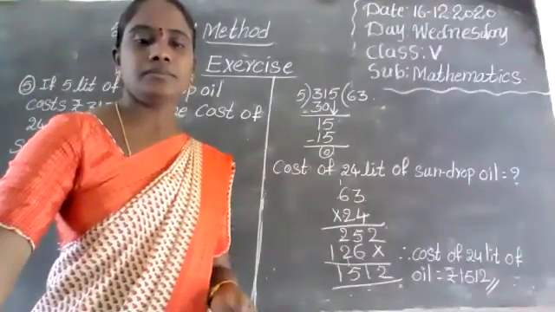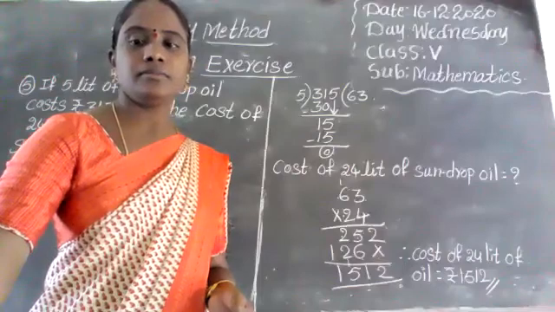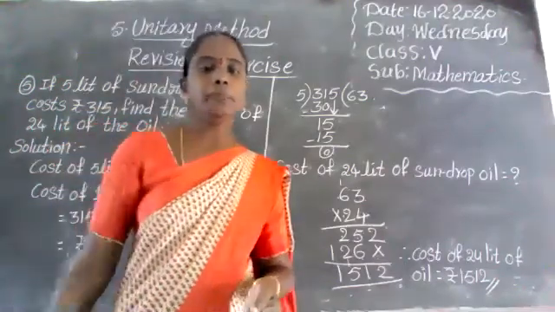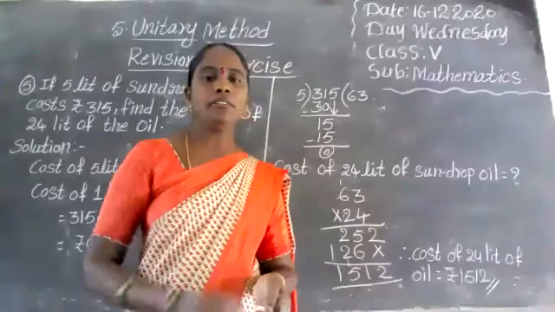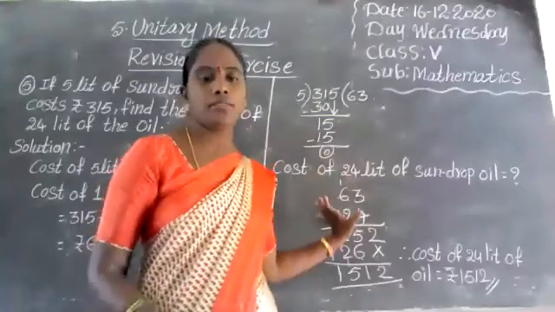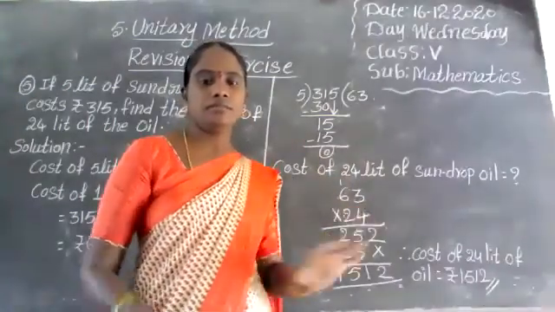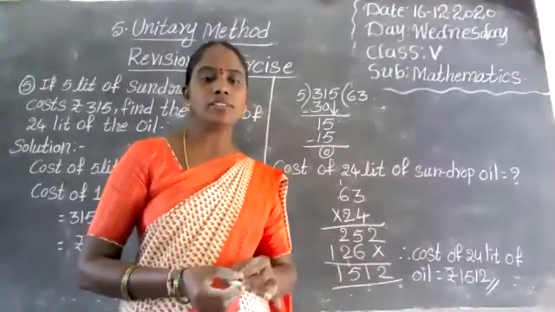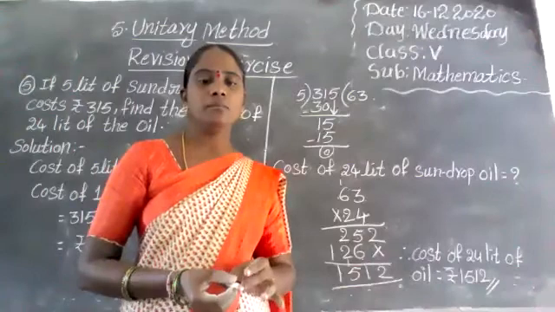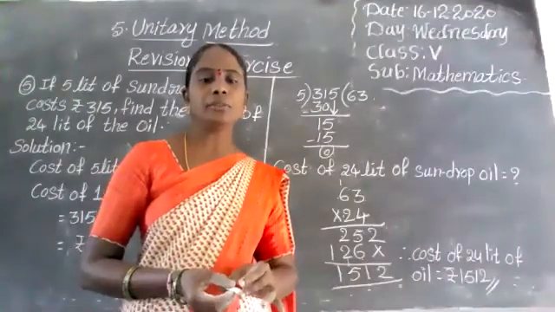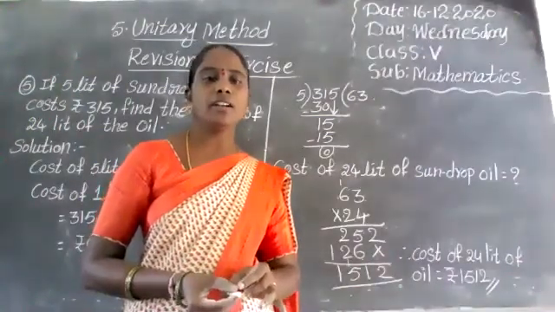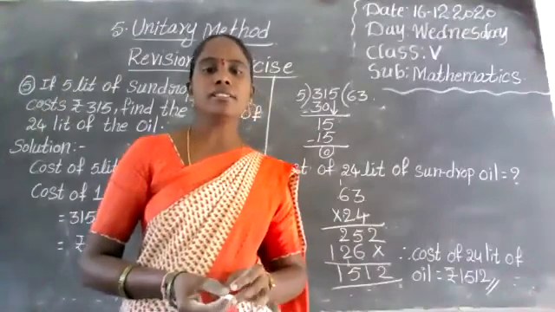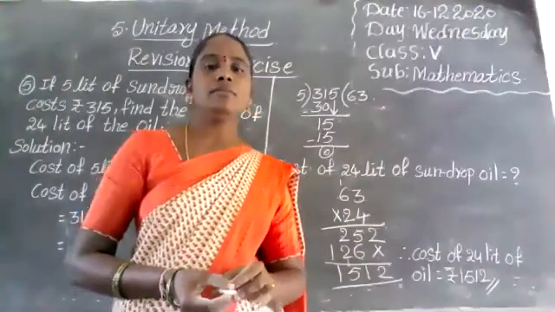Next. Does anybody have any doubt? You ask me. What happened, children? In Telugu class, 25 students are present, but now in my class only 22 members are present. What happened? Some children are not listening regularly. Shall I say names?